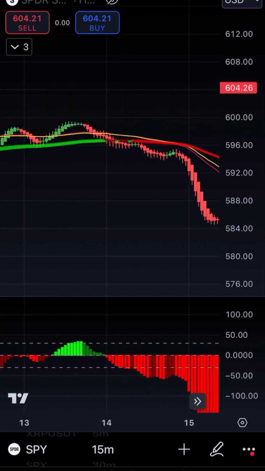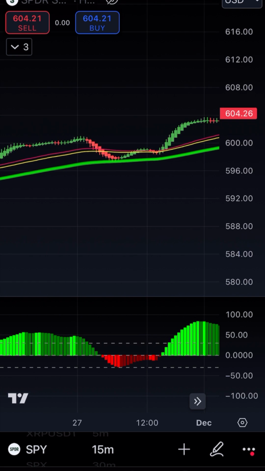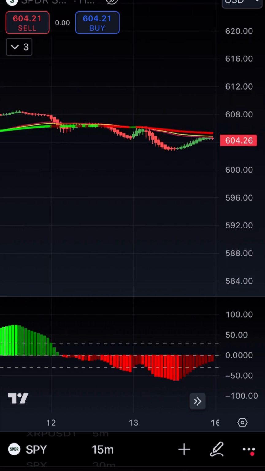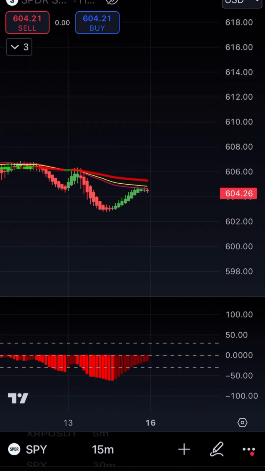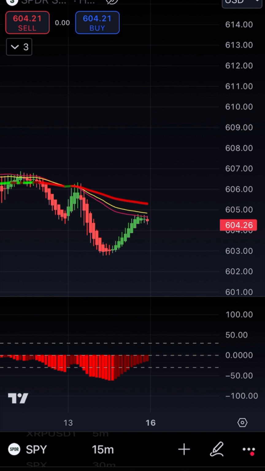You basically have to identify the overall trend. In this case, the S&P 500 is going up. And once you've identified the trend, you focus on that on a smaller time frame. Now, if it's going up, you want to focus on the 2025 crossing through the 90.95.